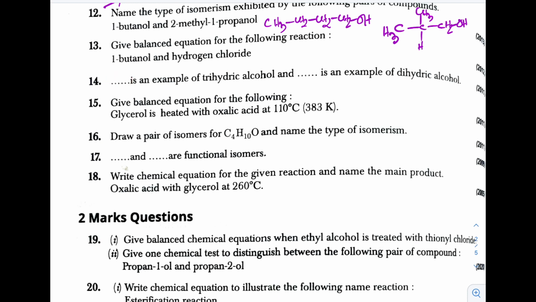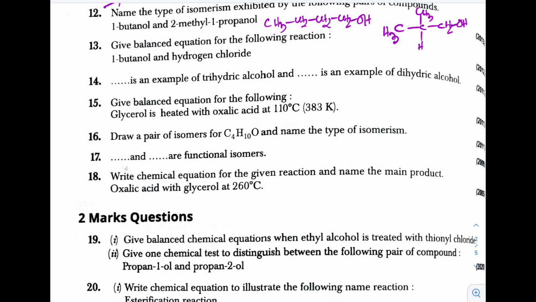This is an example of a trihydric alcohol and this is an example of a dihydric alcohol. This was a question, but I think the options were given in a list, and from there you have to pick the correct option to fill the blank. But mostly they asked, I guess, the trihydric alcohol commonly used, which is included in your syllabus, is glycerol.